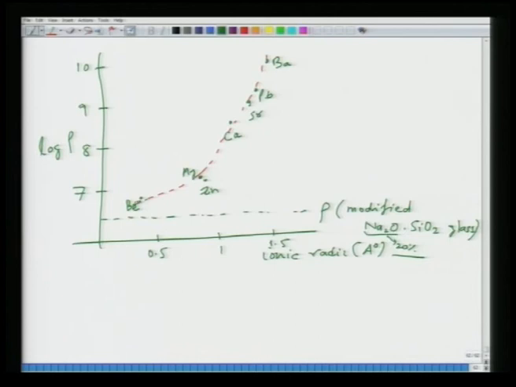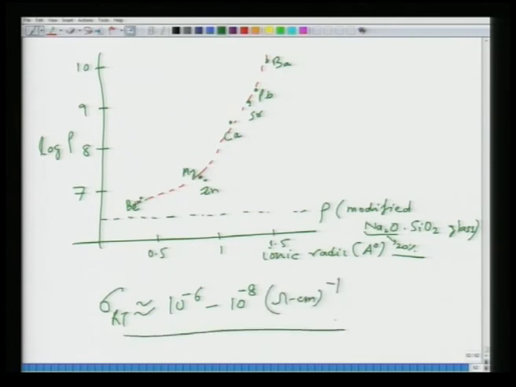So the range of conductivity basically is from 10 to the power minus 6 to 10 to the power minus 10, or so; resistivity 10 to the power 6 to 10 to the power 11 ohm centimeter. So basically in glasses the conductivity sigma at room temperature varies from 10 to the power minus 6 to 10 to the power minus 8 ohm centimeter inverse.